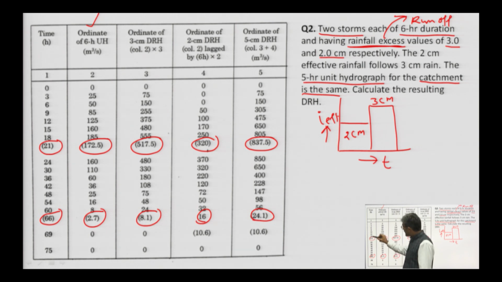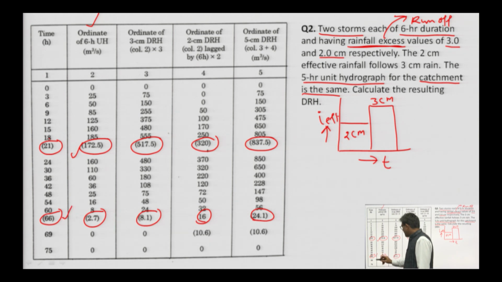So, by interpolating, at 18 it is 185, at 24 it is 160, then at 21 we can calculate by interpolating. Since discharge is decreasing, it will be 185 minus the difference of discharge divided by the difference of times, times 21 minus 18, then you will get 172.5. And the rest of the values shown in this column will be calculated as usual.